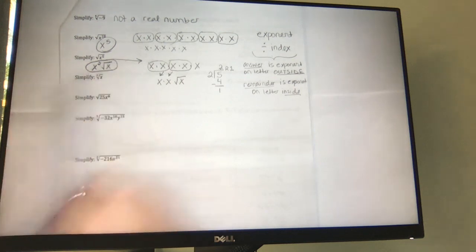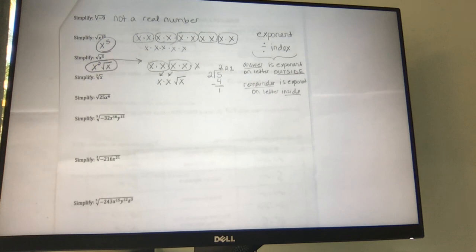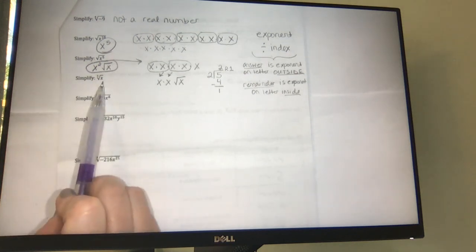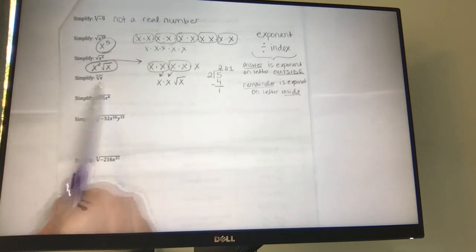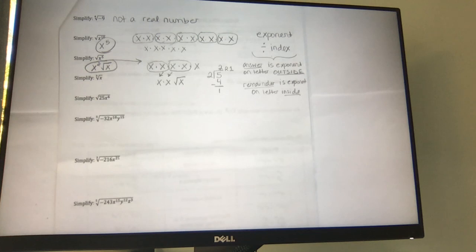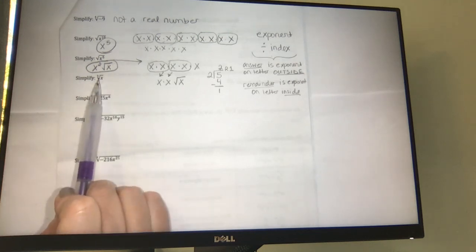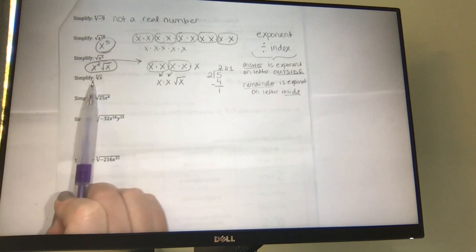So that's what's happening. Okay, now, sometimes, look at this little dude. There isn't anything you can really do. The cubed root of x. There's 1 x. I need groups of how many according to my index? 3. I can't do anything. If I try to divide, I've got 1 divided by 3.